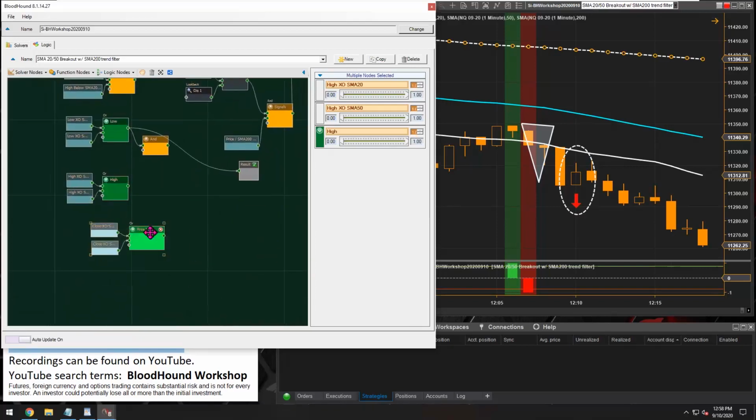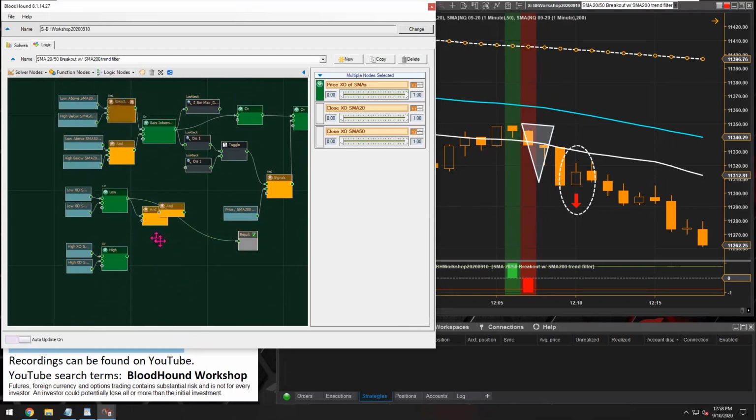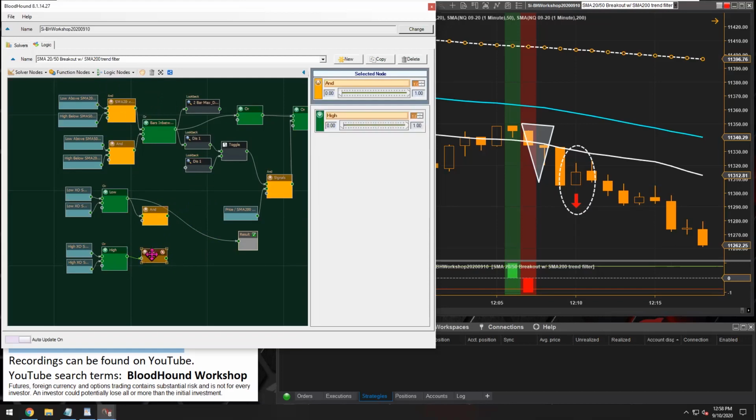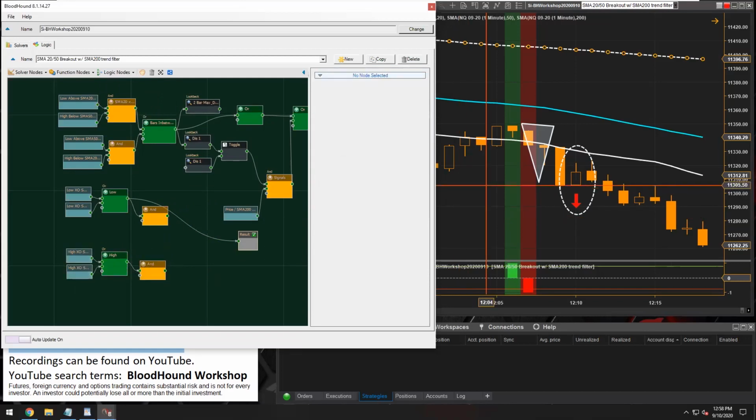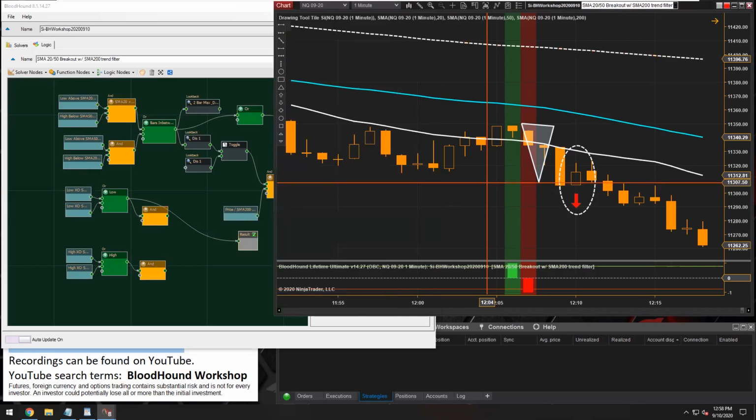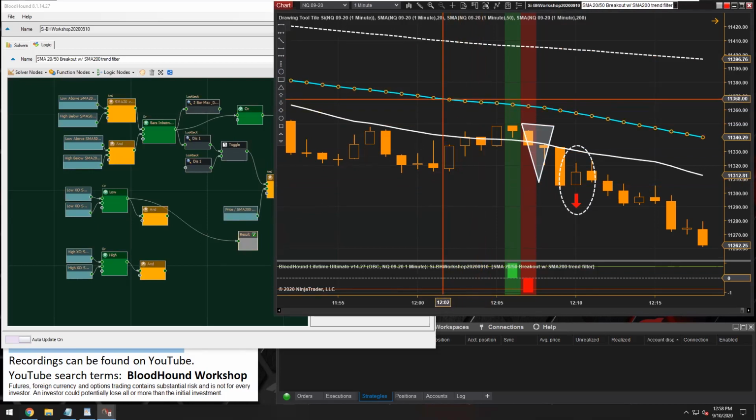I think I'm going to need some more room, so let's move that way down. There we go. All right, and so I'm going to need a solver that's telling me whether the SMA 50 is above or whether the SMA 20 is above.